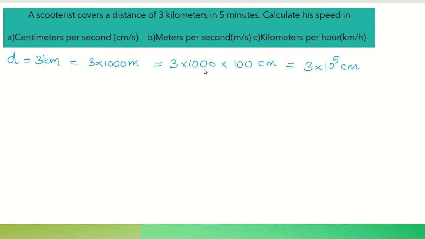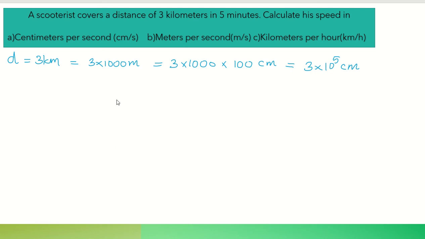If you rewrite this value in the next step, there is a possibility to miss a 0 or add a 0, because we don't notice it sometimes when we rewrite the values in the calculations. If you write it in terms of power of 10, the possibility of making an error is going to be less. Okay, so that is why I am writing this. If you are not comfortable with this method, you can write 3 and 5 zeros.